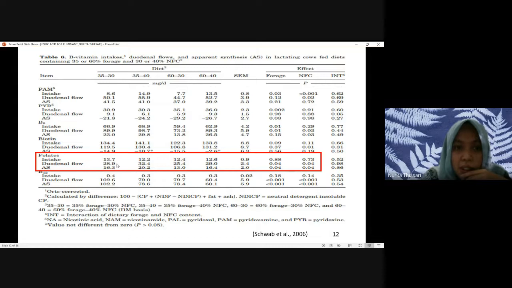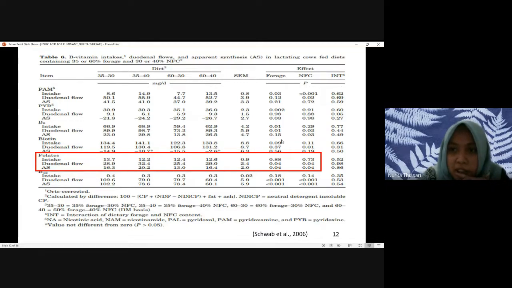So we can see in here, if we look at the forage level, in the low forage it is 16 and 20, compared with the high forage, which is around 13 and 60. So we can see a different level of the concentrate. It seems a bit higher in the apparent synthesis of the folate for the higher level of the concentrate rather than the forage.